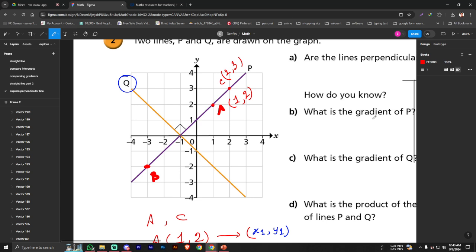So that is x1, no, that is y1. Which is x2, y2. Okay, so y2 is 2.